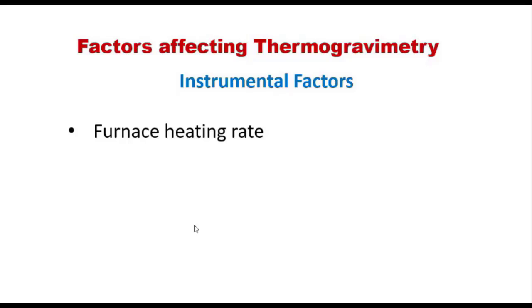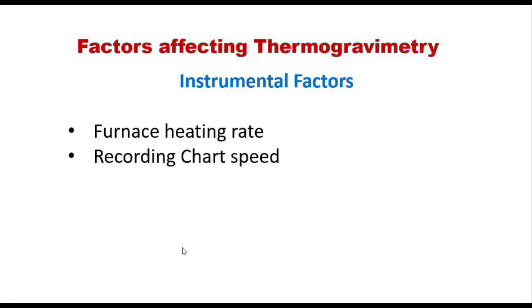But if you decrease the heating rate to 1 degree per minute, then the decomposition temperature decreases to 375 degree centigrade. So depending upon the heating rate, if you reduce the heating rate, the decomposition temperature also decreases.